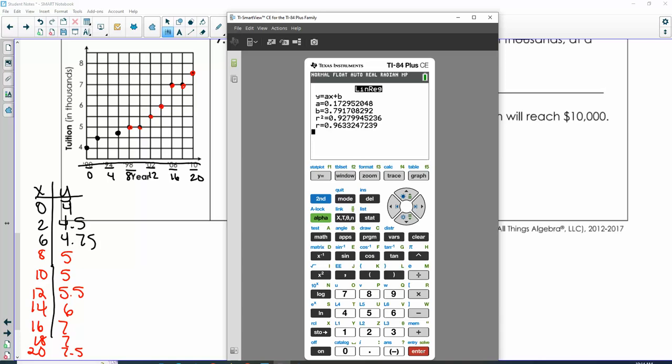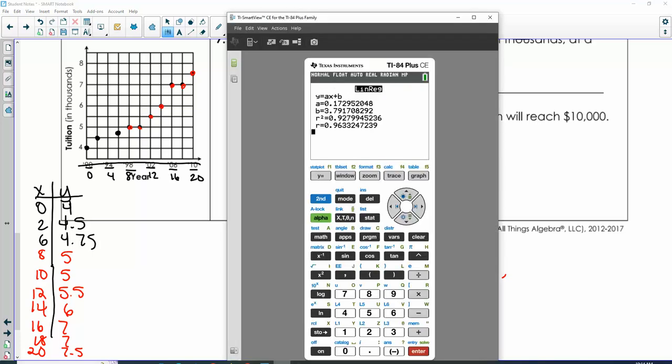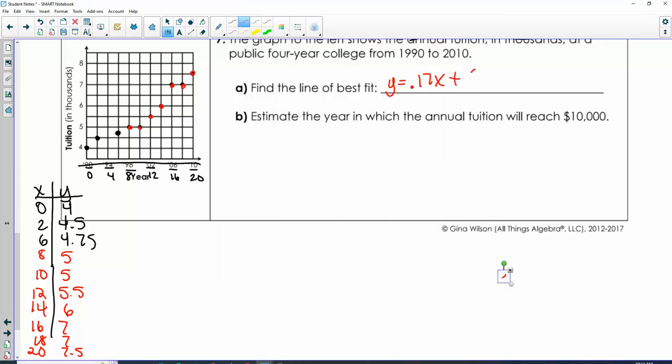So I have y equals 0.17x plus y-intercept 3.79. And then I want the year in which the tuition will reach 10,000. So if I look at my graph, 10,000 was my y. So I'm telling you y is 10,000.